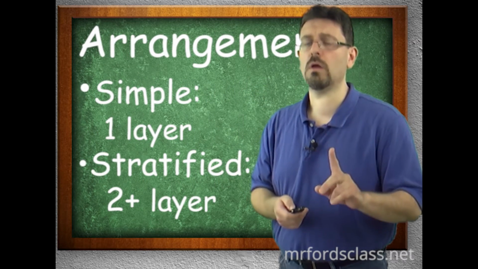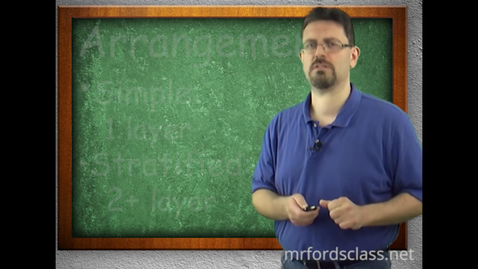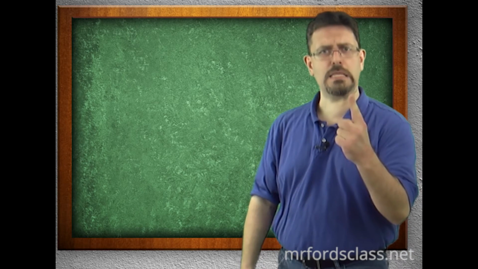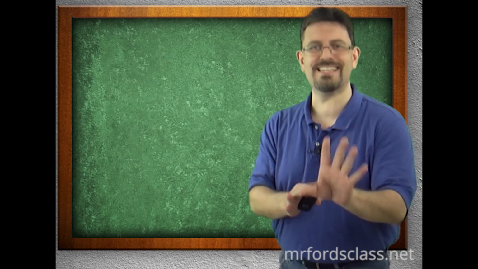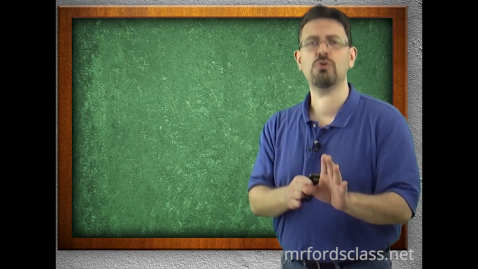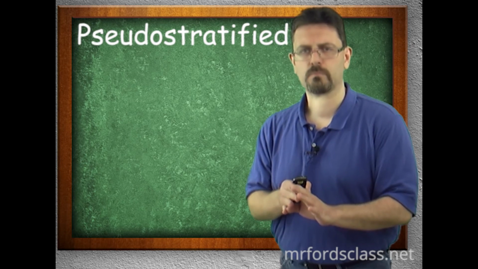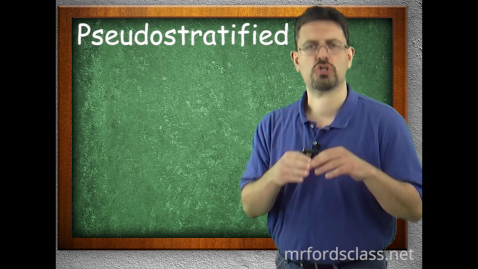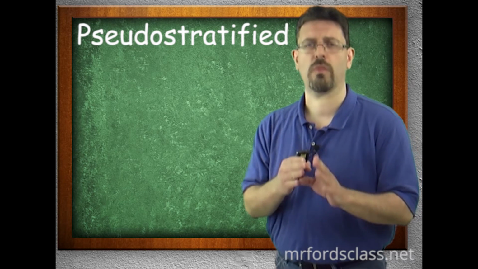Now, we also have two other things we need to talk about. See, you're going, I knew it wasn't this easy. No, it really is this easy. We have pseudo-stratified. Pseudo means false or fake. Stratified, we just talked about, means more than one layer.